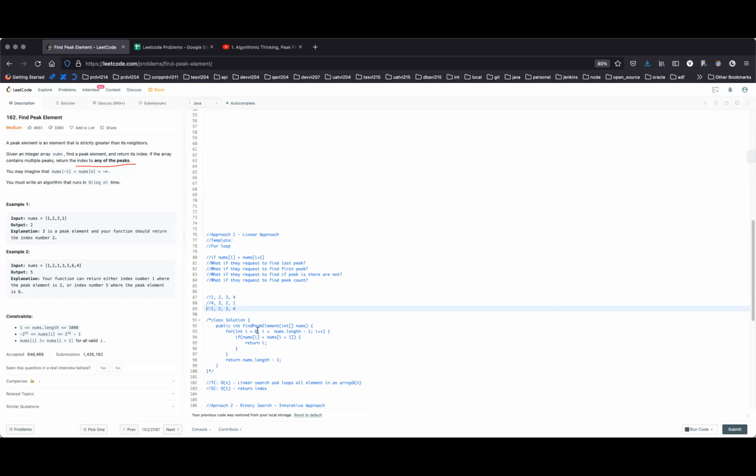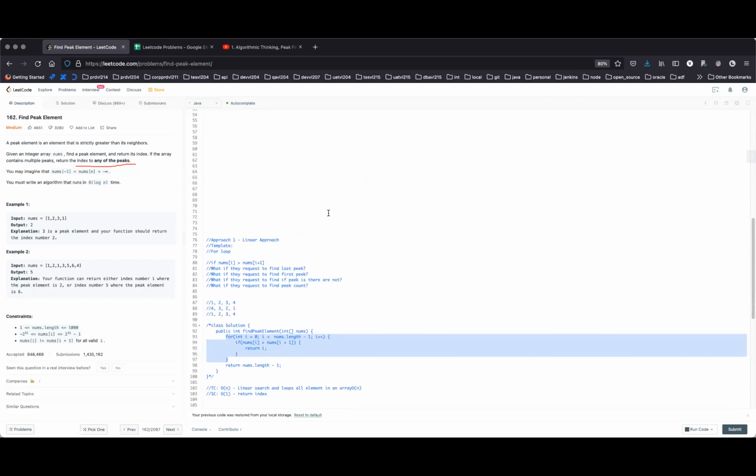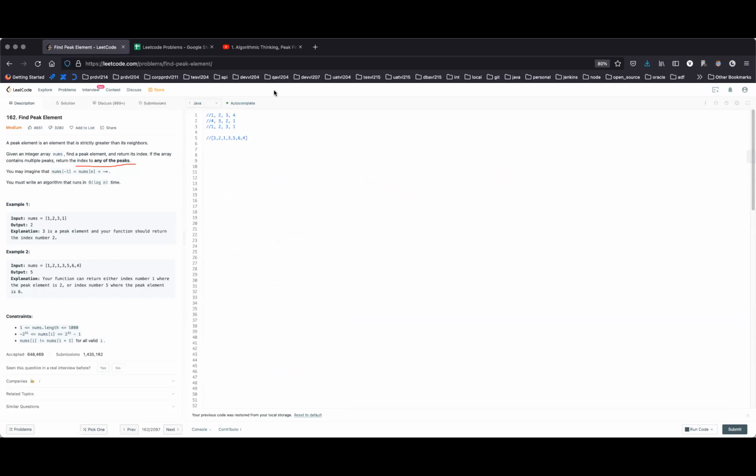So here the main key condition is that we are doing one loop. Sorry to interrupt, but I have one question. Which index should it return if the last two integers are the same, like 6 and 6? Let's say it's like 1, 2, 6 and 6.